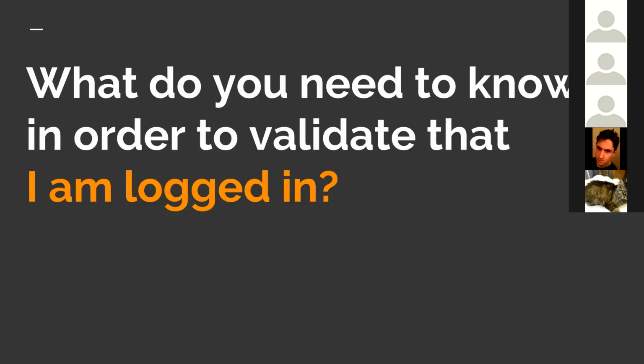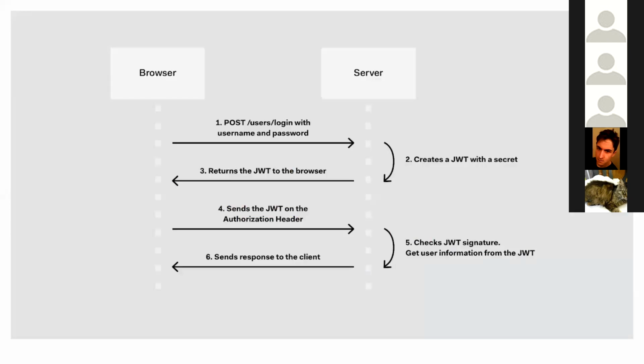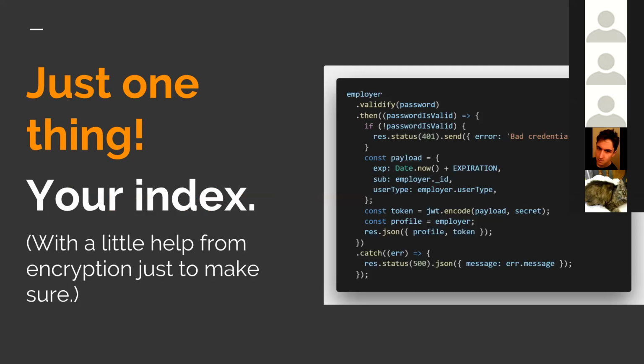So, and this is the segue into that. What do you need to know in order to validate that I am logged in? And the answer is the next slide that I put in the wrong order. But just one thing, you need your index. Whatever that unique value is that your database uses to index the user.